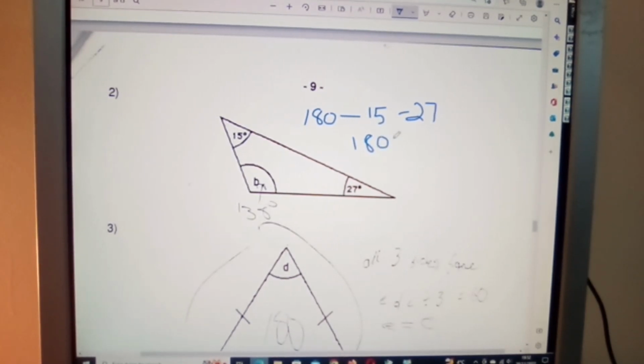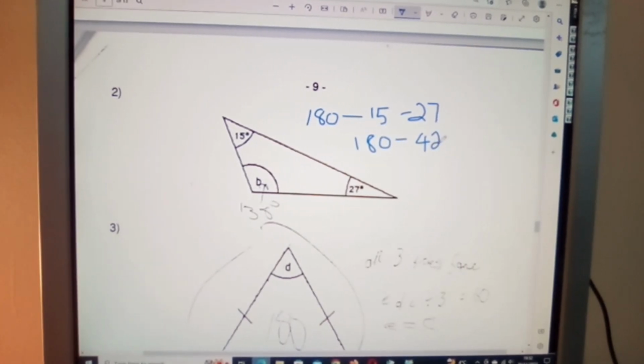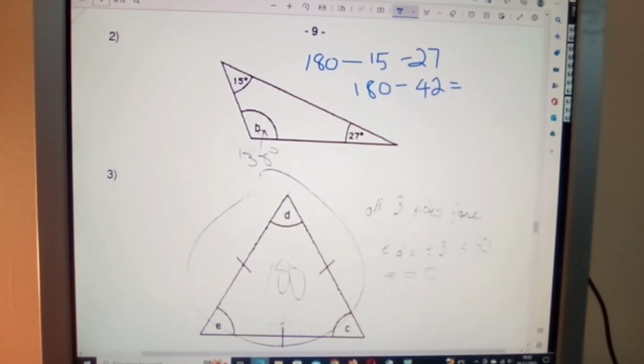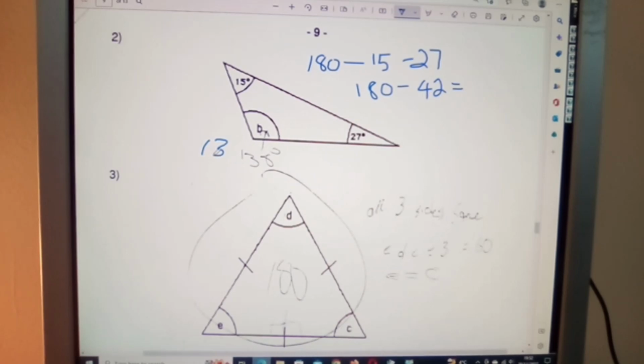Correct me if I'm wrong. I'm not saying I'm perfect, but I try to be every time I do this. So B is going to be equal to 138 degrees. There we are.